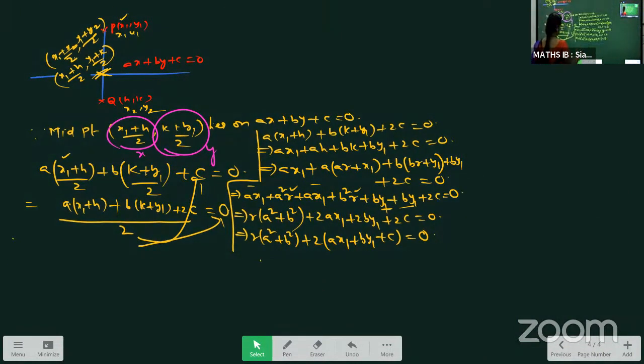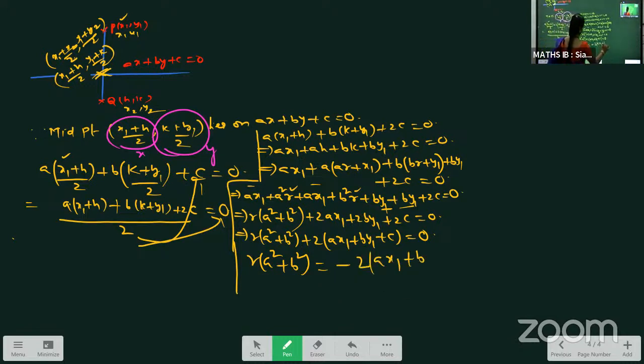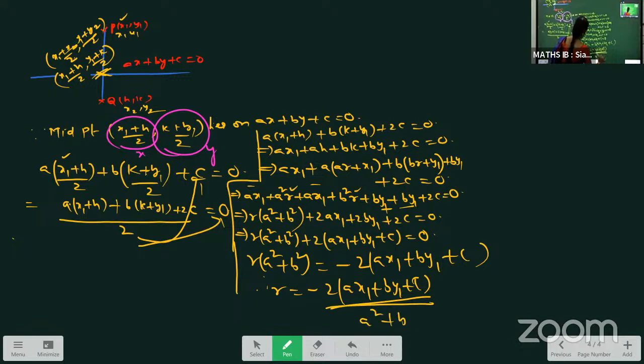Now get that r value here. That implies r into a square plus b square, send this one that side, minus 2 into ax1 plus by1 plus c. Therefore, r is equal to minus of 2 into ax1 plus by1 plus c by a square plus b square. So substitute all these values in 1.